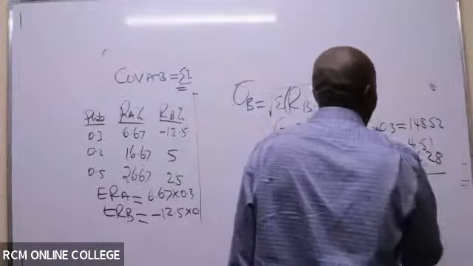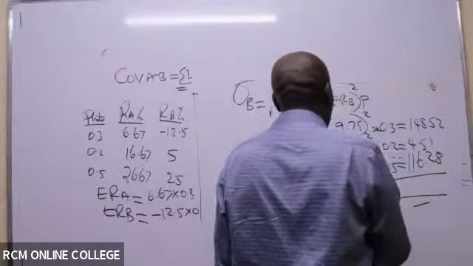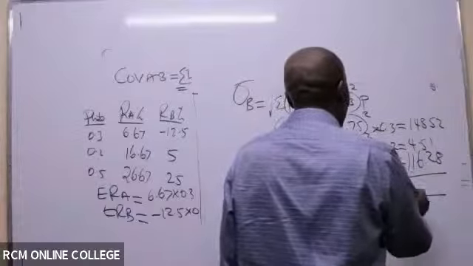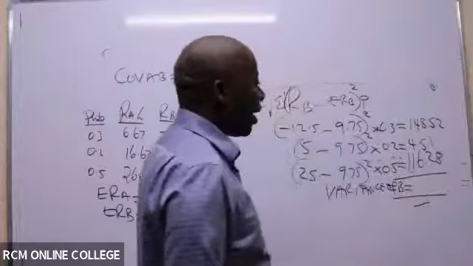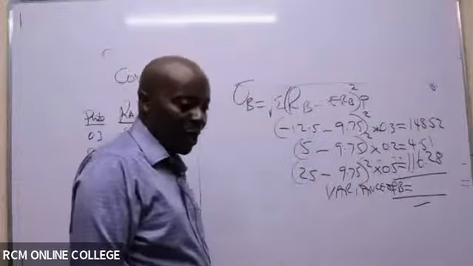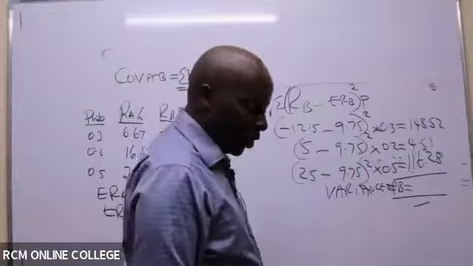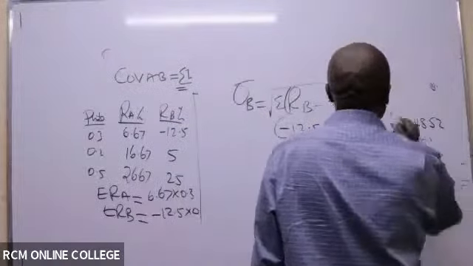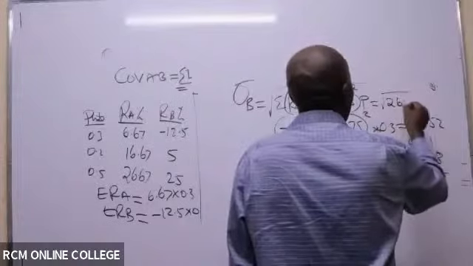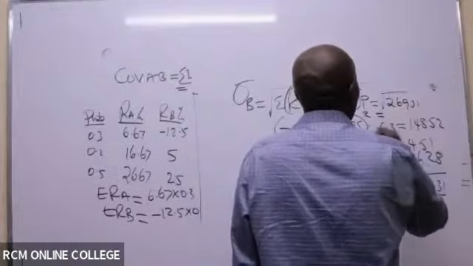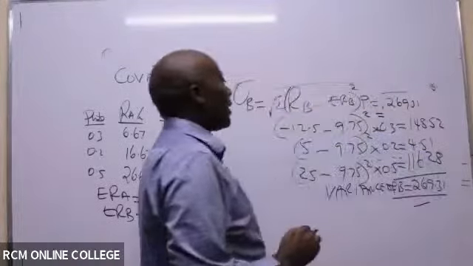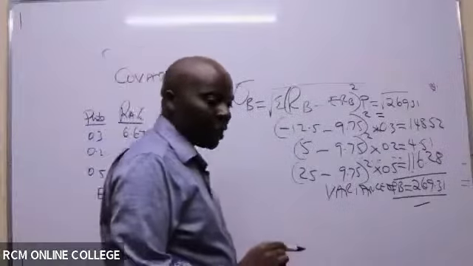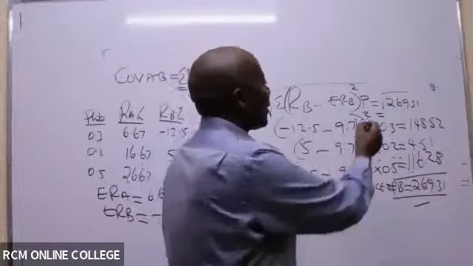Then come and sum for us. Give us the variance of B. 269.31. So the square root of 269.31 will end up giving us what figure as the standard deviation of B? 16.41.